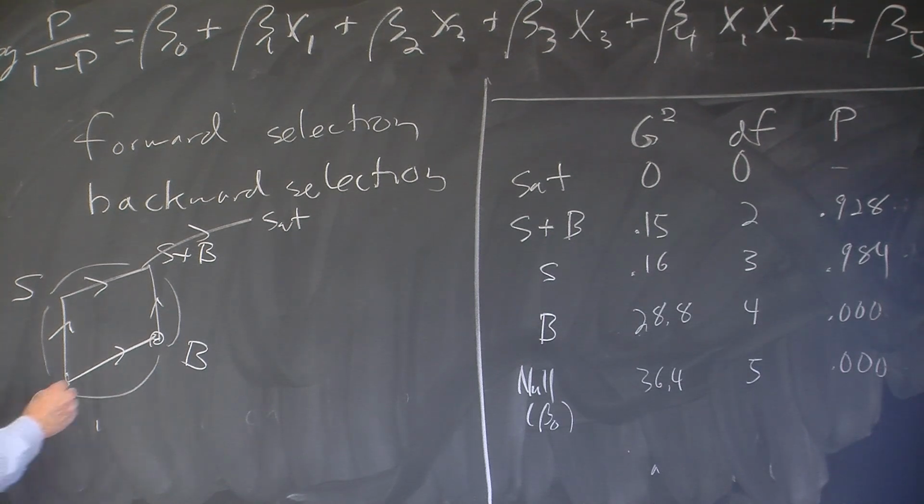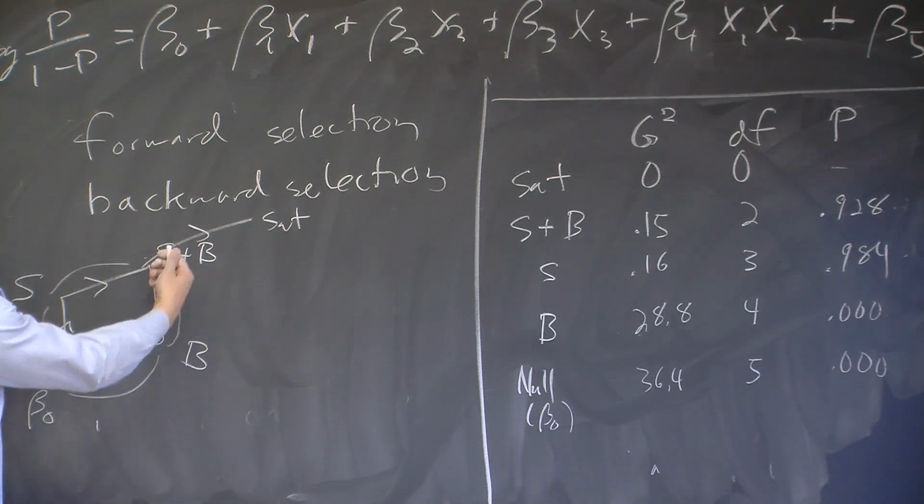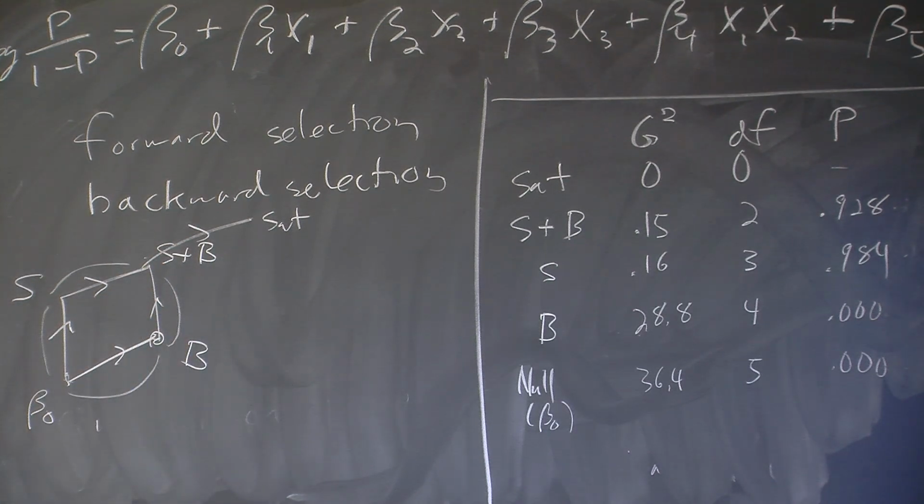So that means that if you can go from here to here and here to here, you can also go from here to here. So a path is a sequence of edges. Can we just jump? Yes. Okay, so if you're trying to estimate S plus B, how does it happen that if you compare it to S and you compare it to B, it gives you the same answer? Because it won't be an equal improvement.